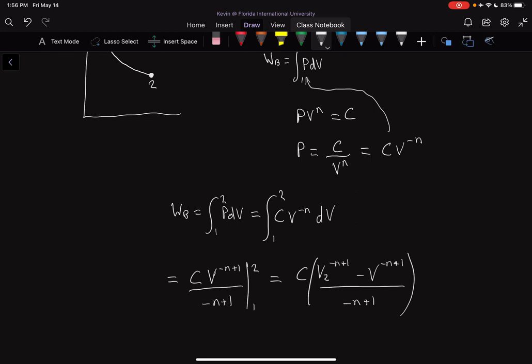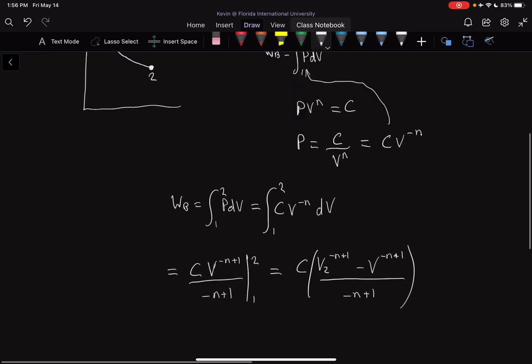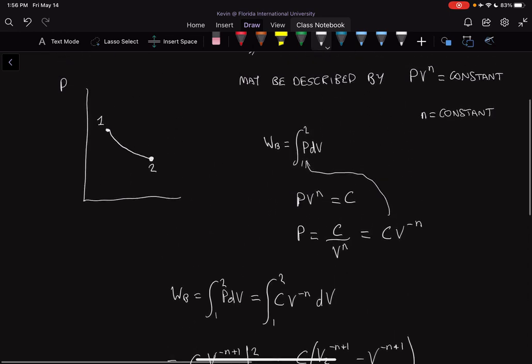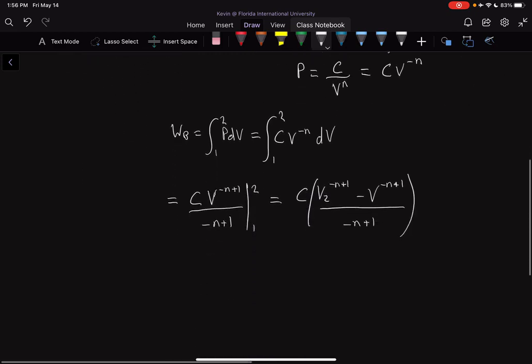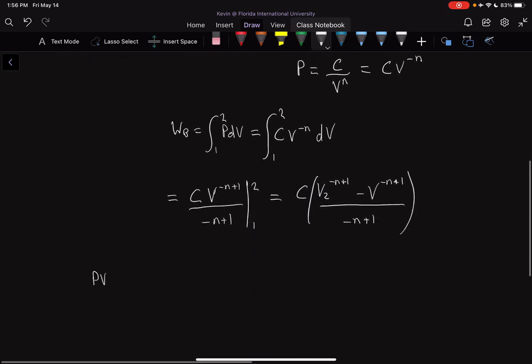And now we also know that since PV to the n is equal to a constant, so going back to our equation of PV^n is equal to constant, I'll write it fully.